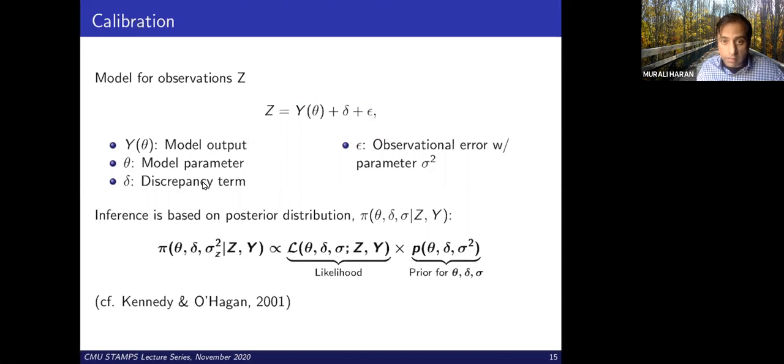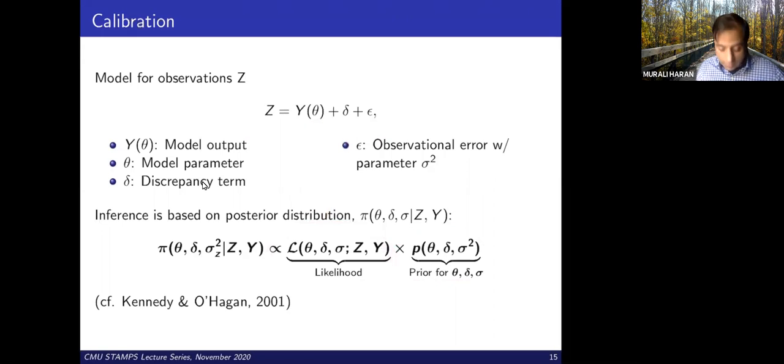The inference: I'm going to use a Bayes approach for this problem. The inference works as follows. I write down a prior for my parameters that go into this model, and then I have a likelihood function. And this likelihood function is determined by this model, right?